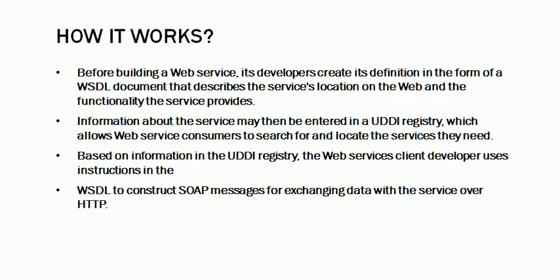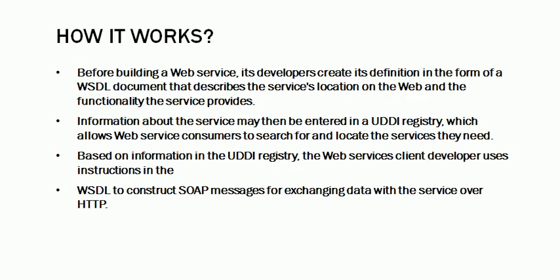Now let's discuss how it works. Before developing a web service, each and every developer defines a few things somewhere, like how exactly that web service will behave, what exactly functionality that web service is going to provide, and what the location of that will be.